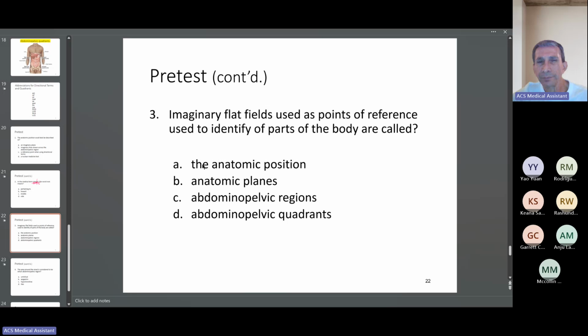Number 3. Pay attention to this because this is a little more tricky. Imaginary flat fields used as points of reference used to identify parts of the body are called.